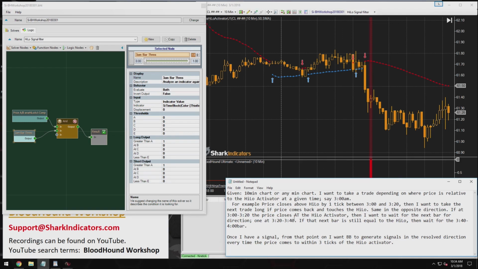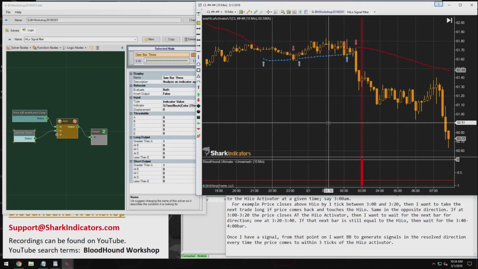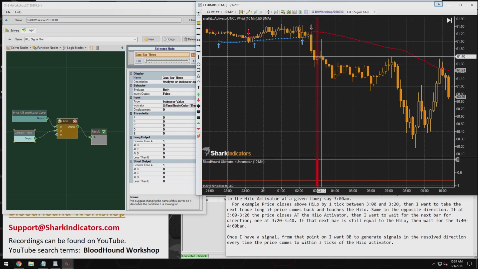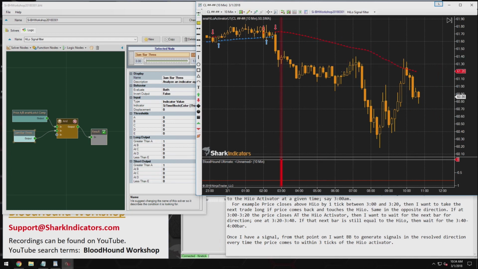So if price comes back and touches the high-low. All right, so after this signaling point, we want to wait to see if price comes back and touches the high-low. And so yeah, we do actually have that right there.